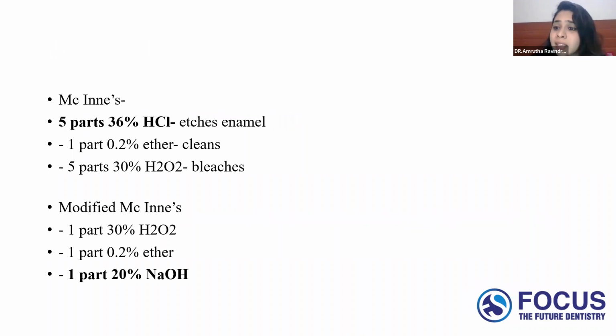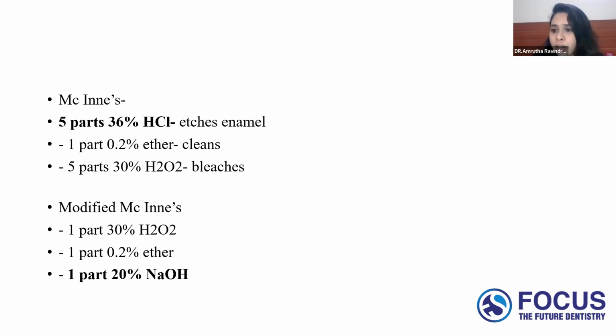Then you have McKean's bleaching solution, which is used for non-heat related bleaching procedures. So you just have to remember this composition. McKean's solution is 5 parts 36% HCl, 1 part 0.2% ether, 5 parts 30% H2O2.